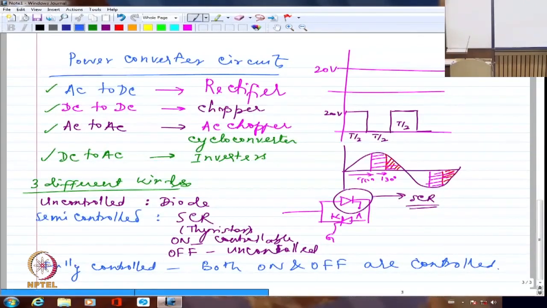The research is only concentrating on mainly 4 factors. One factor is to increase the rating, power rating. Voltage rating should be increased, current rating should be increased. Ideally, we would like to have infinite rating. You apply any amount of voltage, any amount of current. But we are not yet there, clearly.